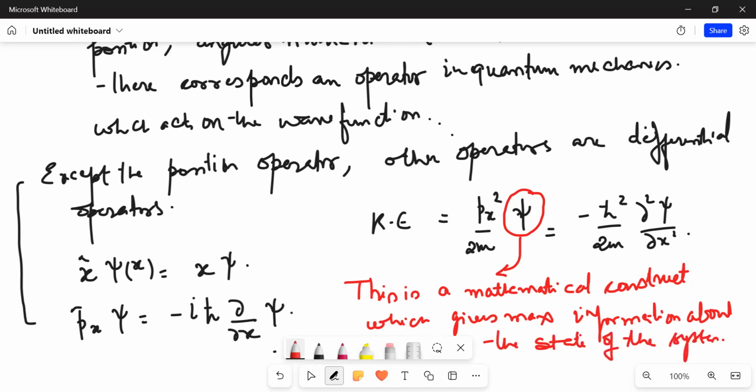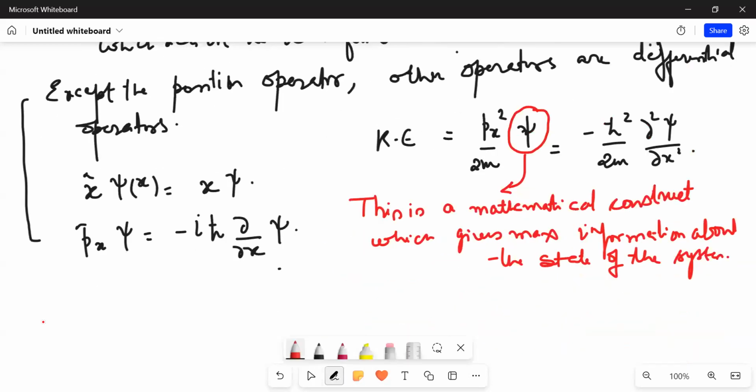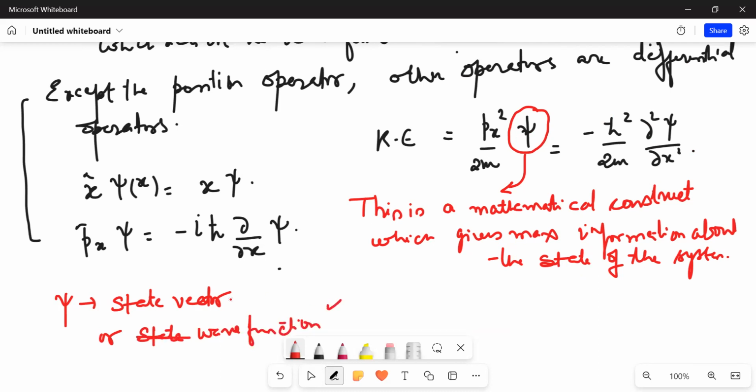Therefore, it is at times also referred to as state vector or state function. So this wave function psi is also referred to as state vector. We are going to see it in ket and bra notation, or state wave function, or state function, or simply wave function.